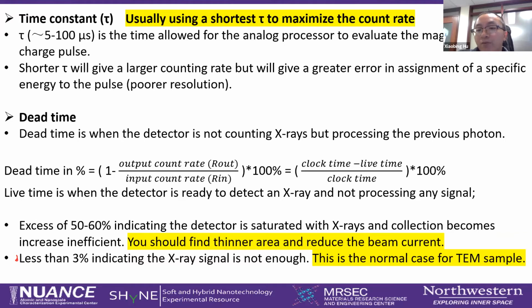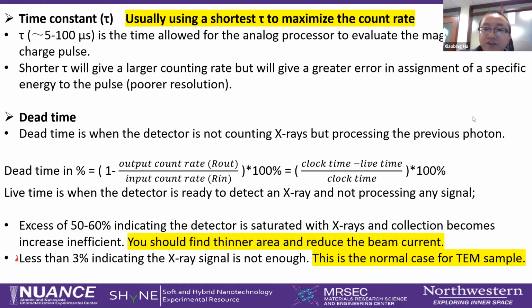But for TEM, your sample is very thin. Most of the time, the EDS signal is not enough. So when you do TEM, you can choose the shortest time constant. This will be very quick when you do your EDS, particularly when you do the mapping.